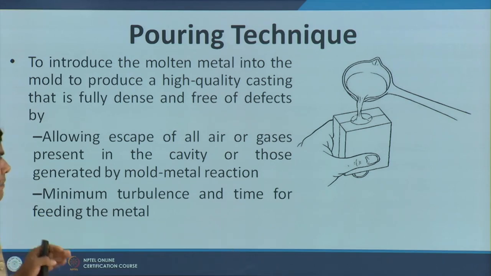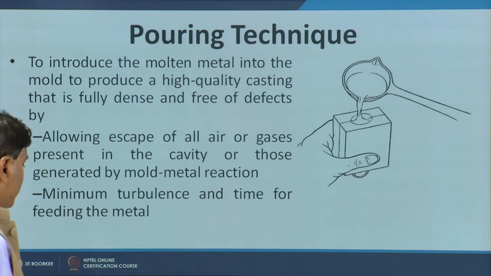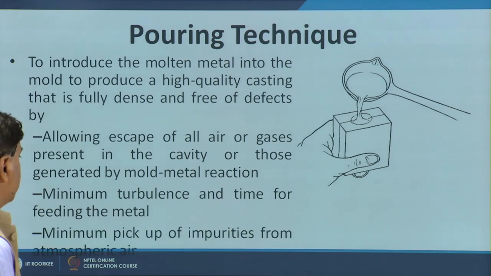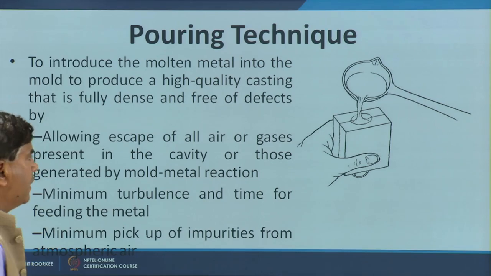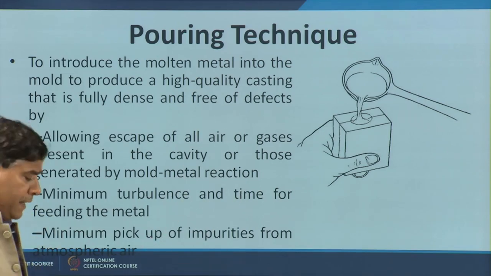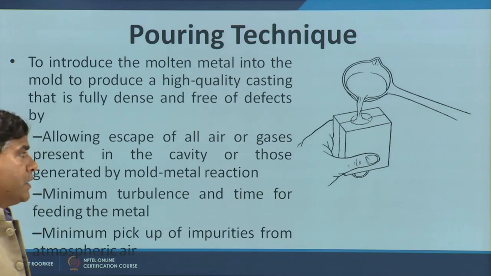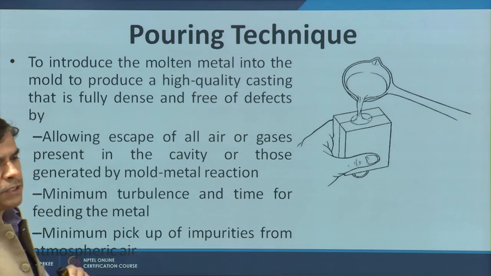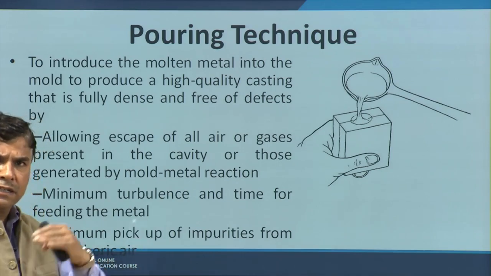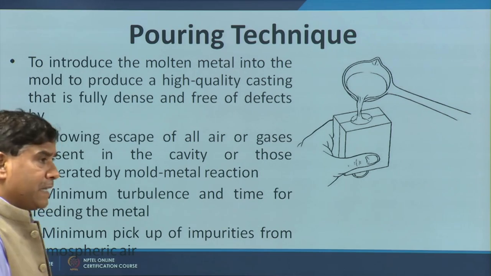At the same time, it is also expected that the pouring is performed with minimum turbulence, the pickup of impurities is minimum, and the mold cavity is filled in the minimum possible time, so that the commencement of solidification begins in the different regions almost at the same time.